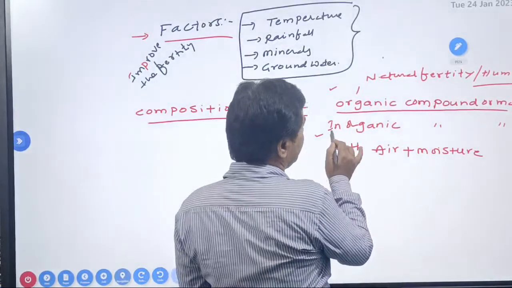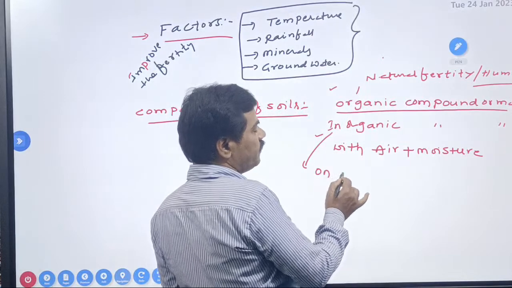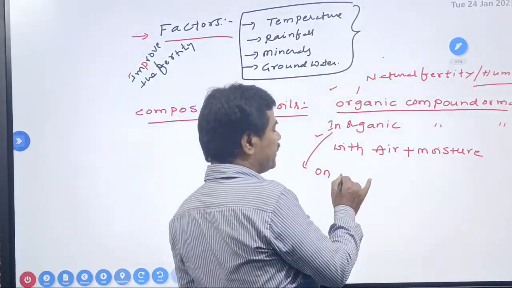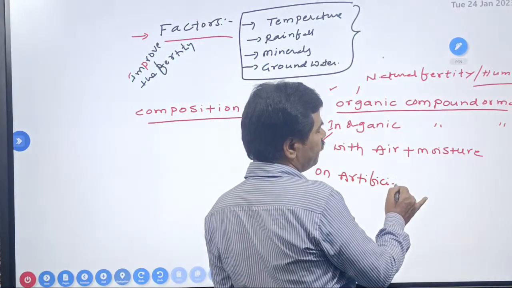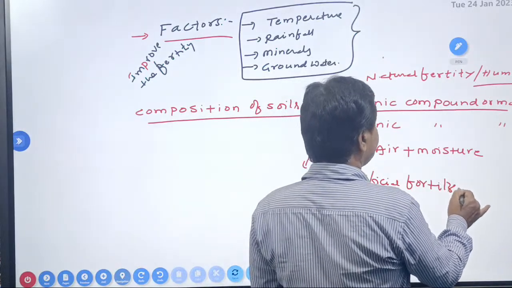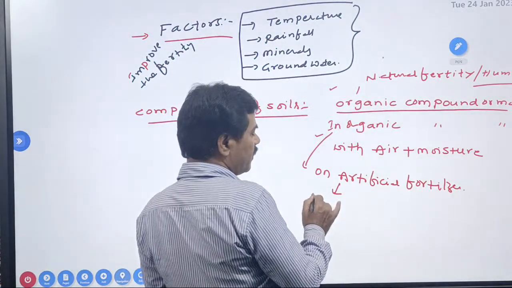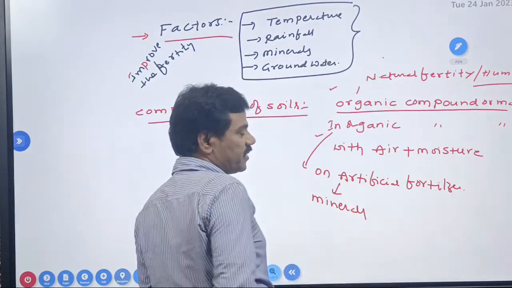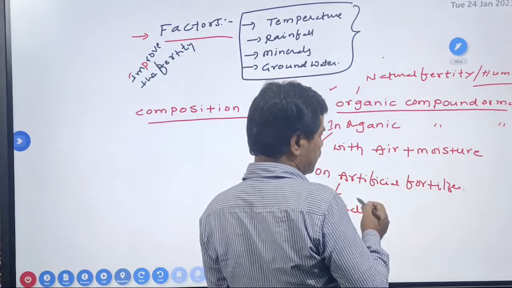Inorganic matter means depending on artificial fertilizers. Fertilizers include minerals. Artificial fertility means including minerals.